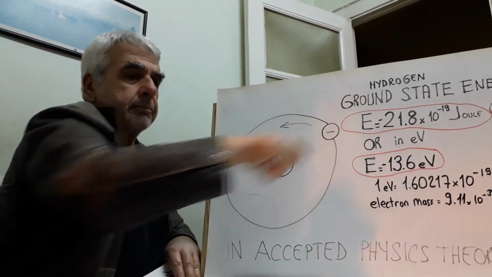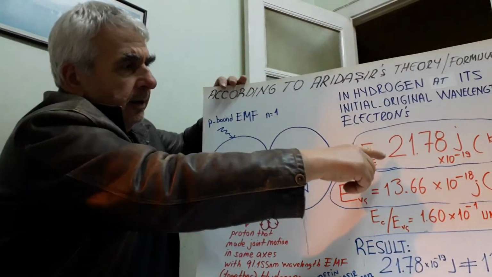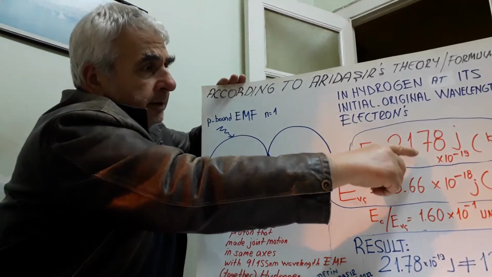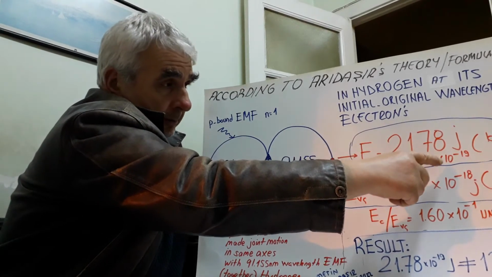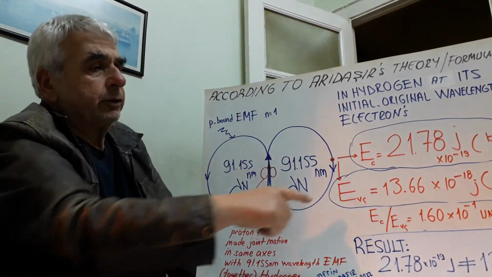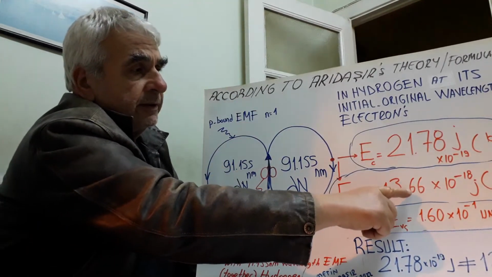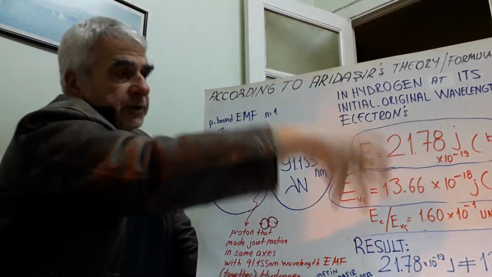These are same, equal. But here, 21.86 10⁻19 joule is not equal to 13.66 10⁻18 joule. Same unit.